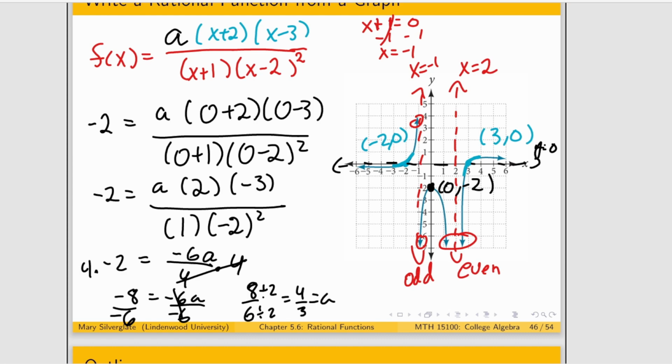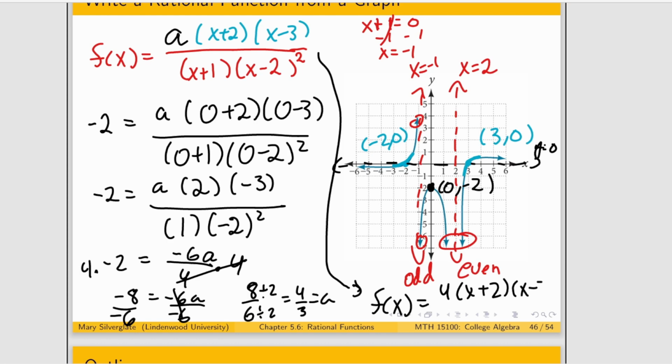So I can now plug that back into the original to get my final answer: 4 times (x plus 2)(x minus 3) over 3 times (x plus 1)(x minus 2) squared. That would be my final answer with that stretch factor.